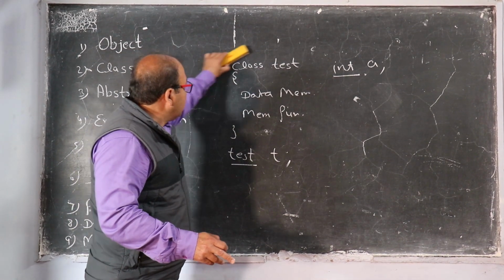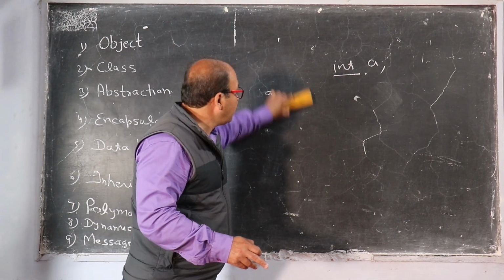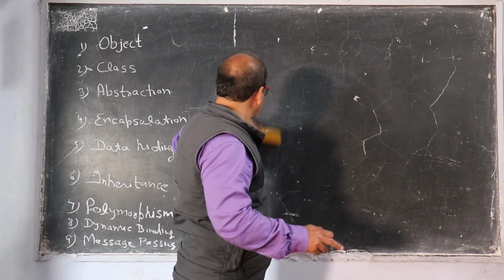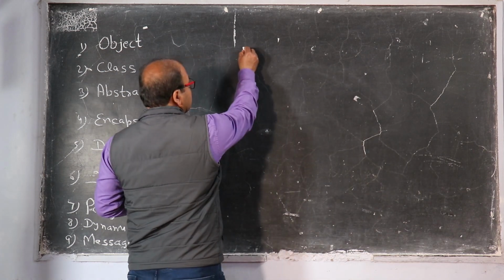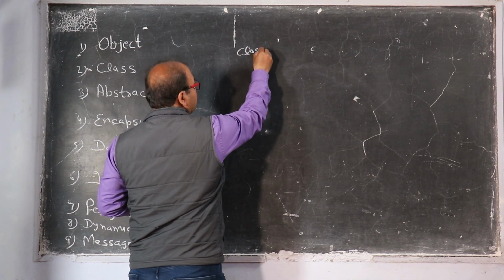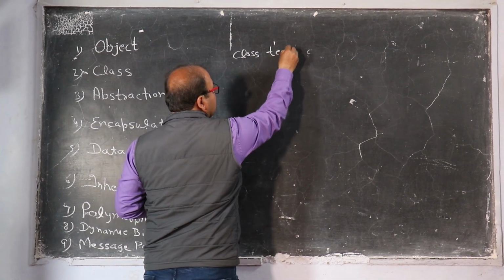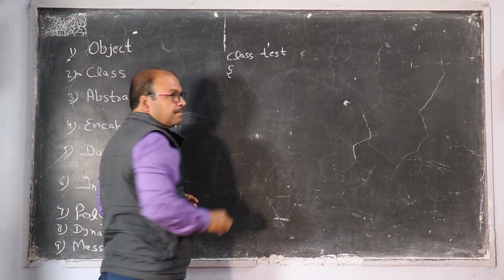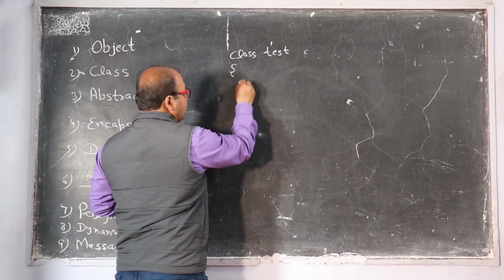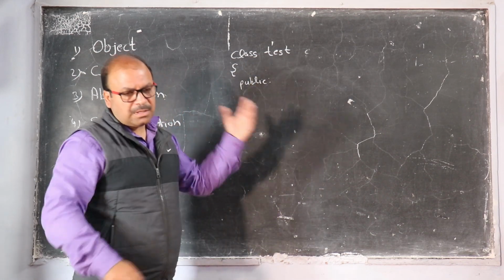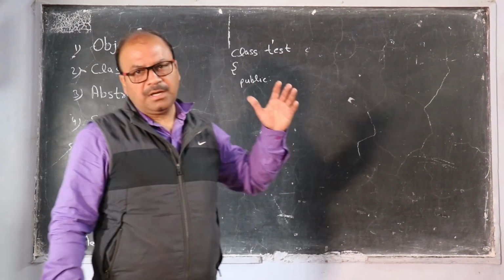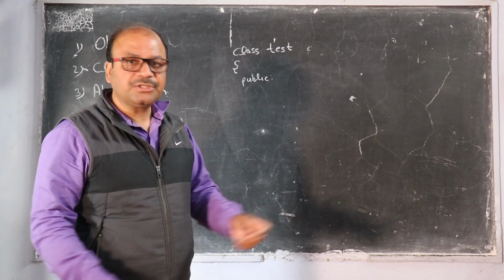So I am giving you an example. Say there is a class, and the name of the class is test. I am writing everything inside the public section. The access modifier is not a matter of discussion in this lecture.